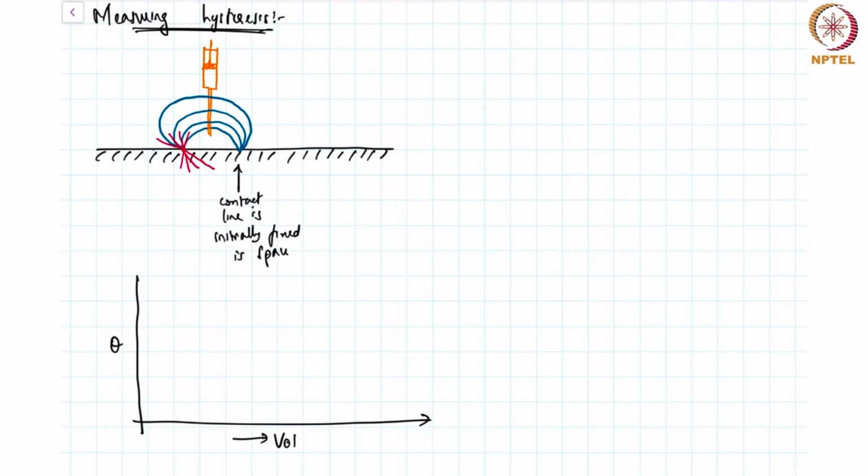So when time increases, the volume is also increasing, and you start off with some non-zero angle, and then the angle keeps increasing. It has reached some maximum value, and after that the droplet will start spreading.